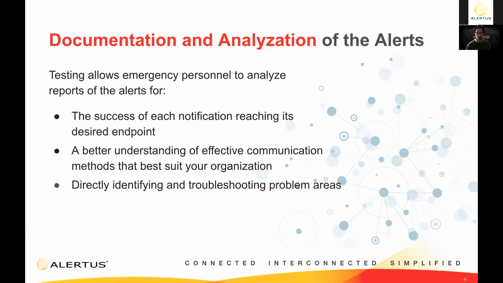A great example of that is our mobile phones. For some of you who have deployed the Alertus recipient app, you'll notice that the Alertus recipient app can be activated in a second. As soon as you hit send from the Alertus console or from the Alertus activator app, it'll pop up onto your mobile phone. But we don't actually record when it gets to your mobile phone, because what's more important for us is when the user interacts with that app.